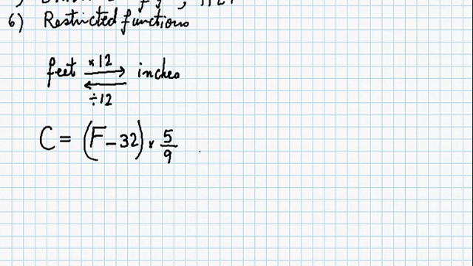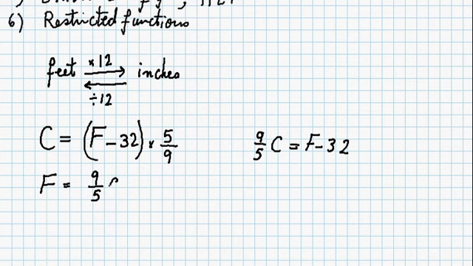What do I do? I multiply both sides of this equation by 9/5, so we'll have 9/5 of C is equal to F minus 32, and then I move 32 to this side, so I'll get this equation F is equal to 9/5 of C plus 32.